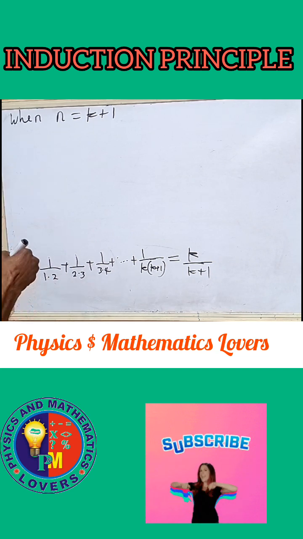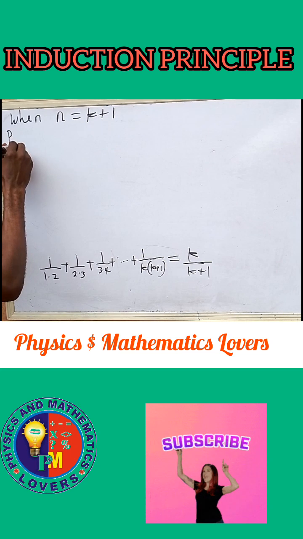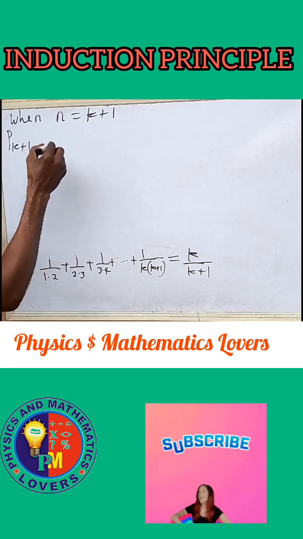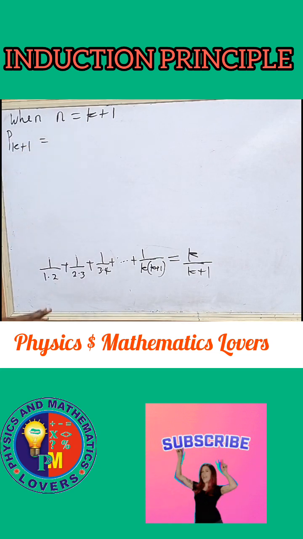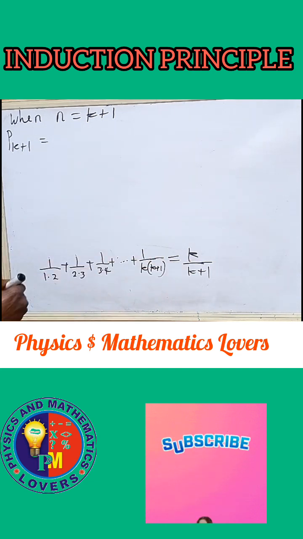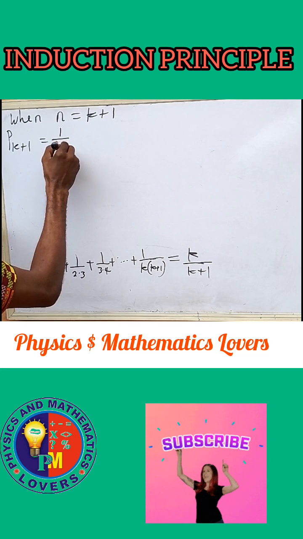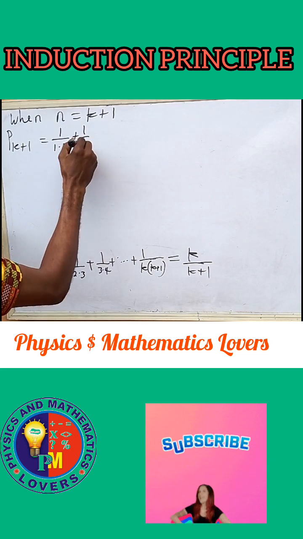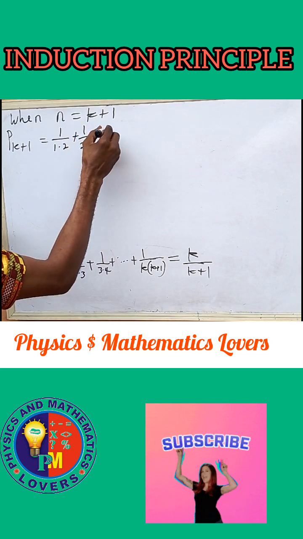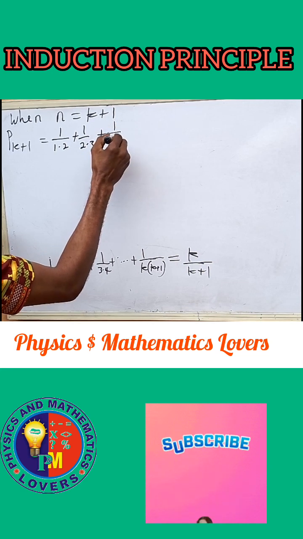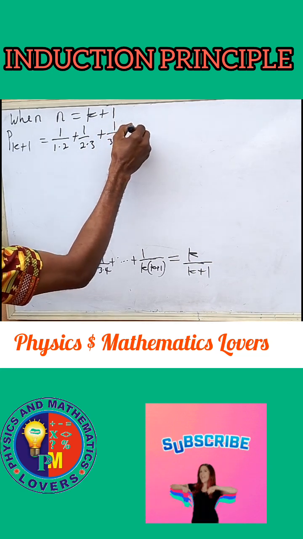Remember we said P is the statement, so P of k plus 1 will be equal to the whole sum we have here: 1 over 1 times 2, plus 1 over 2 times 3, plus 1 over 3 times 4, plus dot dot dot.